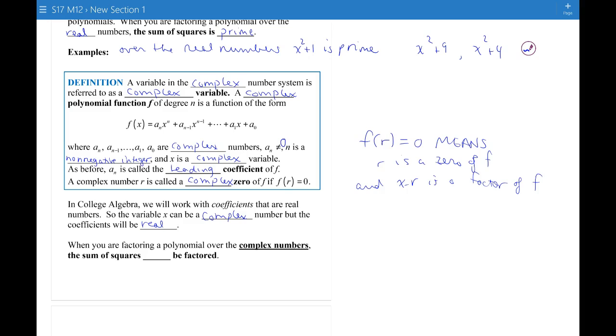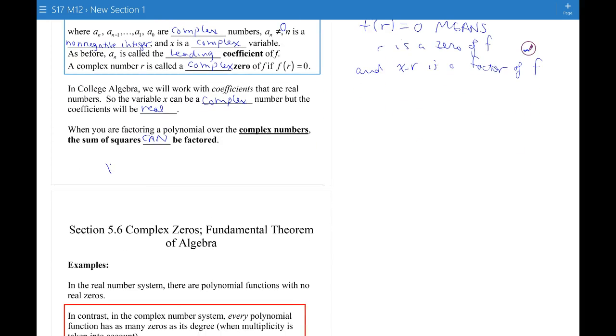When you're factoring a polynomial over the complex numbers, the sum of squares can be factored. So x squared plus 1 equals (x plus i)(x minus i), because if you FOIL that back together, you'll see you get plus ix minus ix minus i squared.